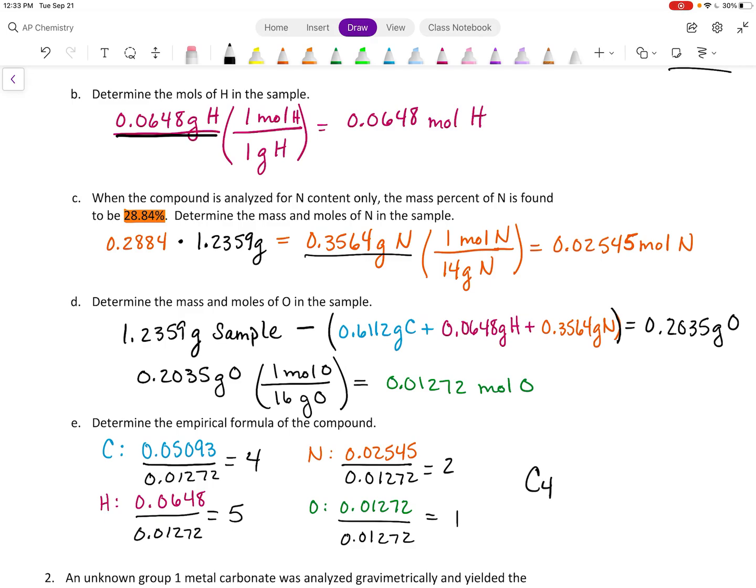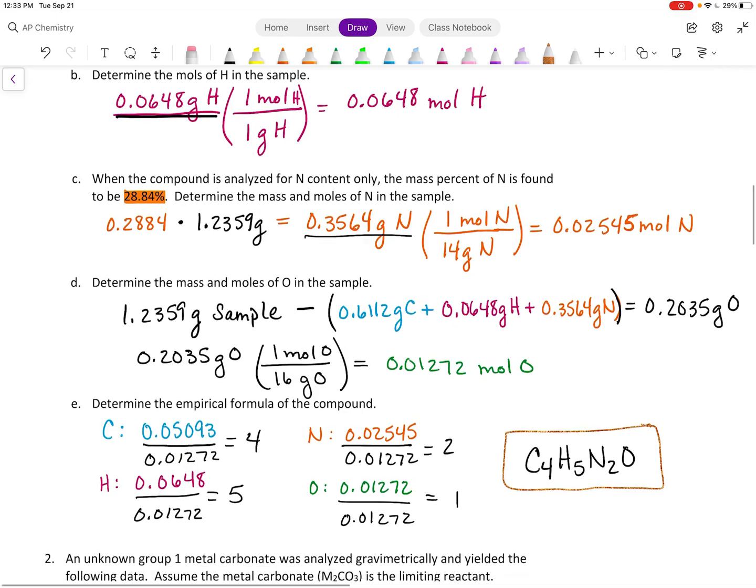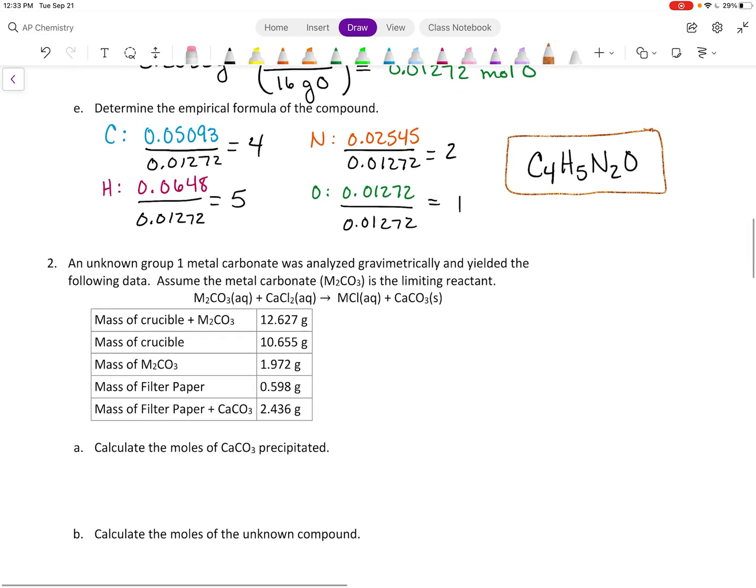So our empirical formula is going to be C4H5N2O. It's a pretty lengthy process, but we ended up getting that. So again, we need to know mass and moles, and use those moles in order to determine the mole ratio to get the empirical formula.